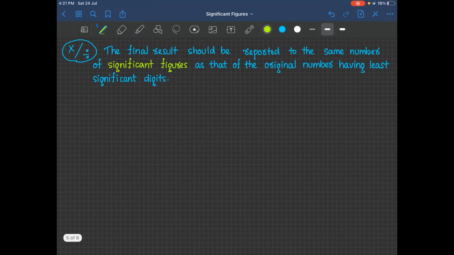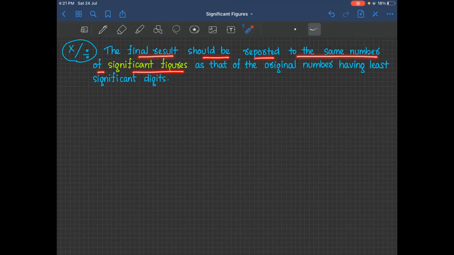Similarly, in case of multiplication and division, what is the rule? So according to the rules of significant figures, if we are multiplying or dividing two numbers, the final result should be reported to the same number of significant figures as that of the original number having least number of significant digits. So here we need to check significant digits.